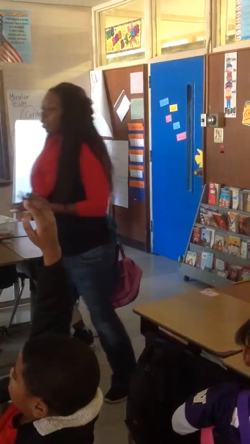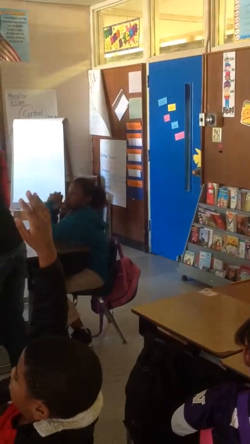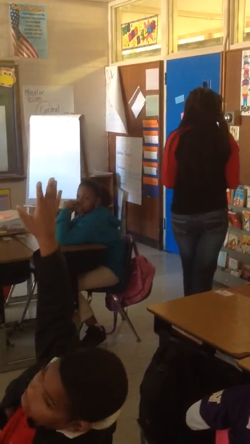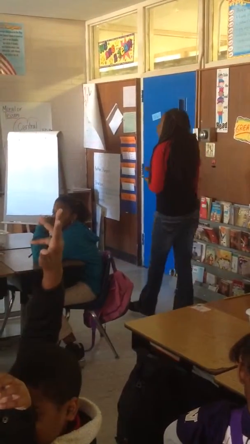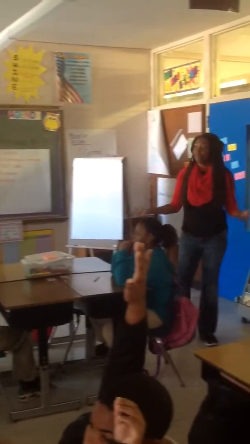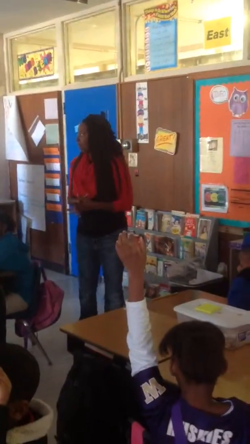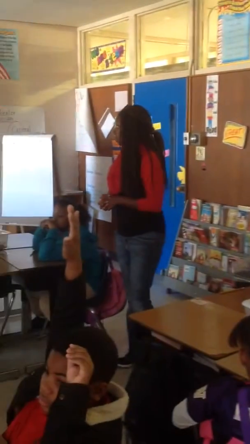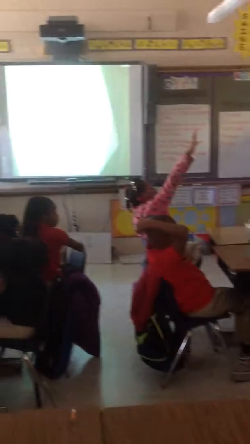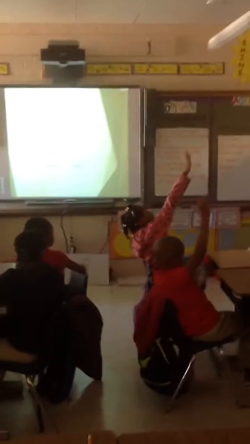Now remember, look for our clues. We had some clues to help us figure it out. Samantha will read to her sister. What is the tense of the verb read? Jalen says present tense. Let's use our accountable talk. Maya Marie?